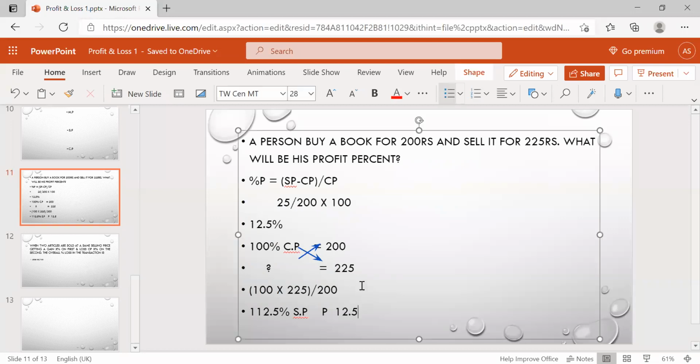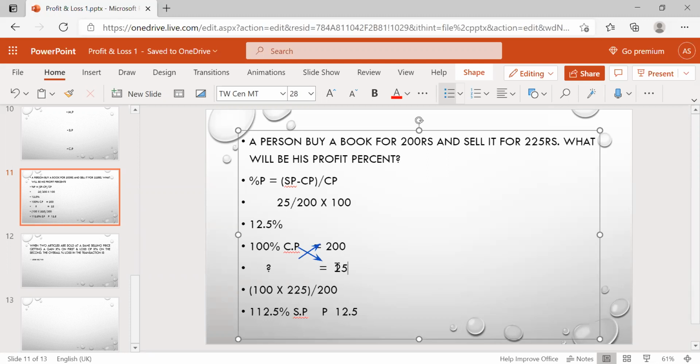And now I'll say here you can assume, we know the profit is 25, right? So now 100% cost price is 200 and 25 rupees is a profit. Directly you can calculate the 25 rupees out of what's the percentage of 200 rupees.